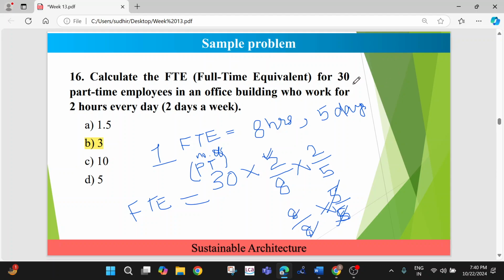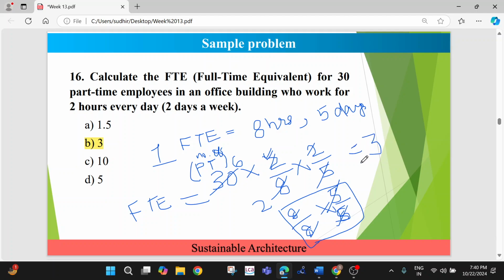So 30 will be directly counted as full-time equivalent. But since they are not working 8 hours a day or 5 days a week, we are calculating how much equivalent they are working as a full-time employee. So when you solve it, you will find 6 by 2, so it will come out to be 3.